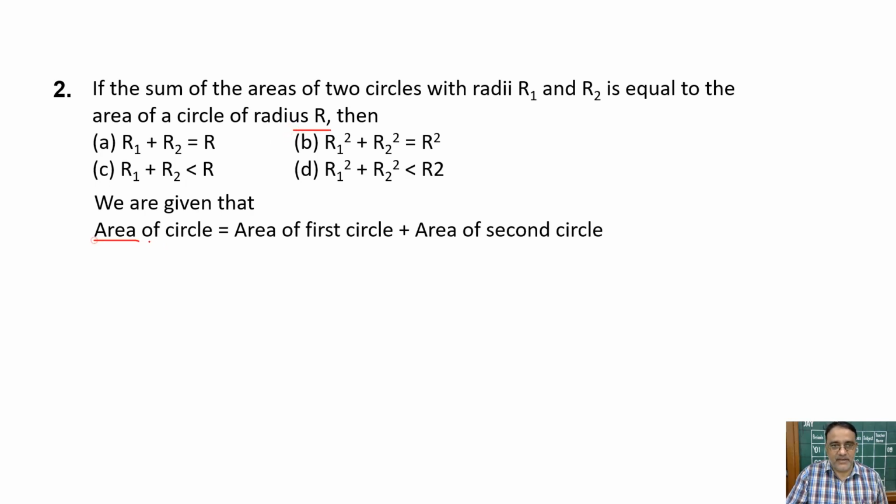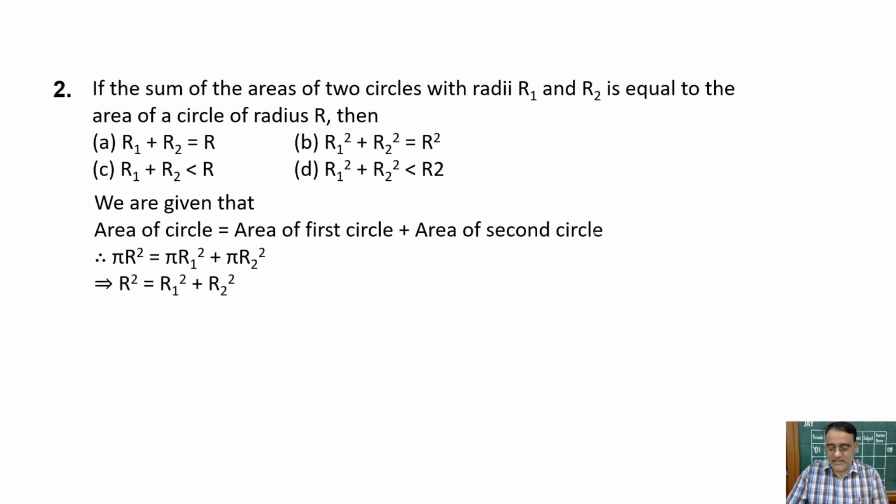So this will be pi R square, this will be pi R1 square, and this will be pi R2 square, right? So we can divide all by pi. So what we are going to get? R square is equal to R1 square plus R2 square. Very good.